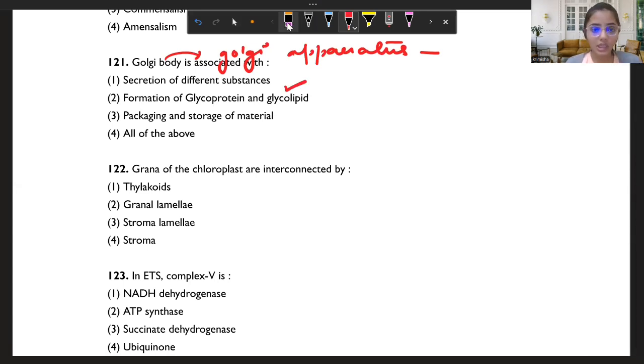Substances like glycoproteins and glycolipids are synthesized inside the Golgi apparatus, and after synthesis, they are secreted from it. The Golgi apparatus also helps in packaging and storage of different materials. So all of these are functions of the Golgi apparatus, which was found by Camillo Golgi. So the answer to question 121 is option number 4.